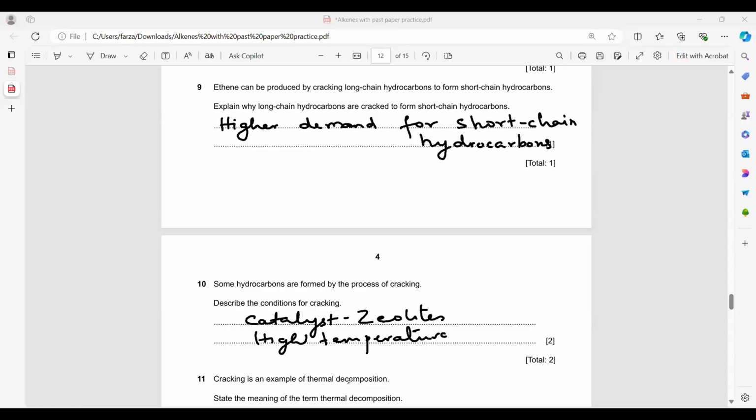So cracking is an example of thermal decomposition. State the meaning of the term thermal decomposition. So remember, therm means heat and decomposition means breakdown. So it's breaking something using heat.